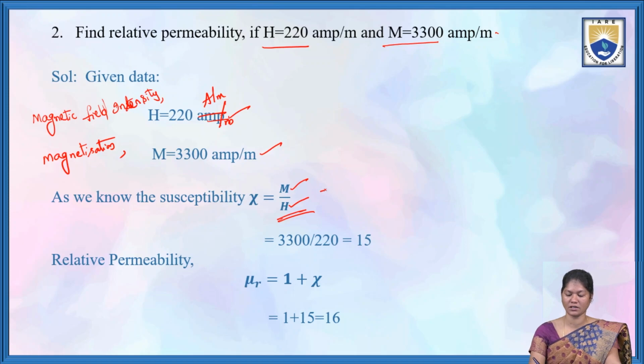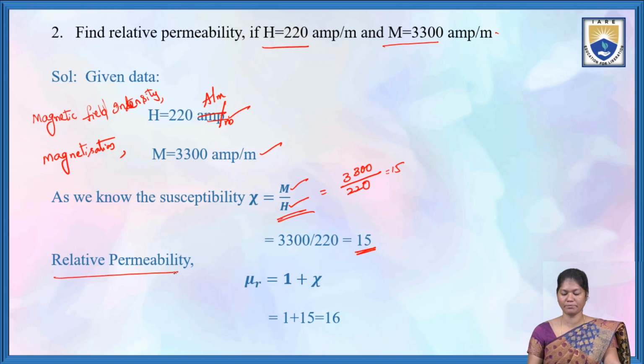So substituting, 3300 divided by 220 will get 50. So susceptibility chi is equal to 50. To calculate the relative permeability, we need the susceptibility value.